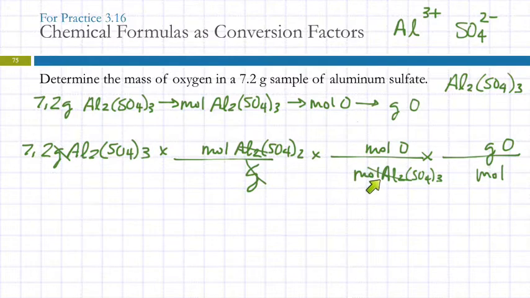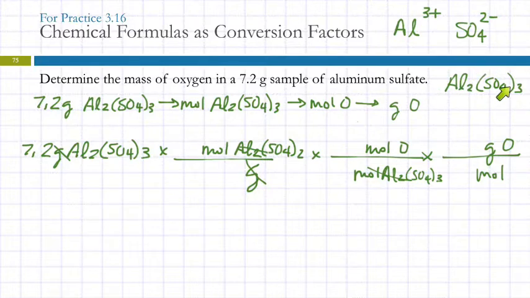So this middle part we get from the chemical formula. So how many atoms of oxygen are in one formula unit? 12. Because we have 3 of these sulfate units, and each of those has 4 oxygens.